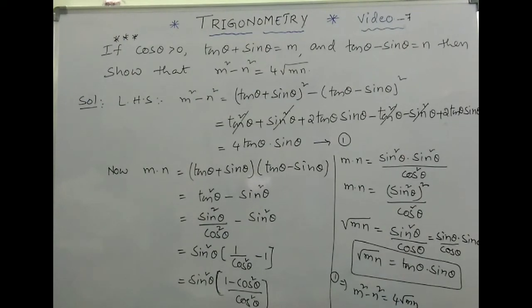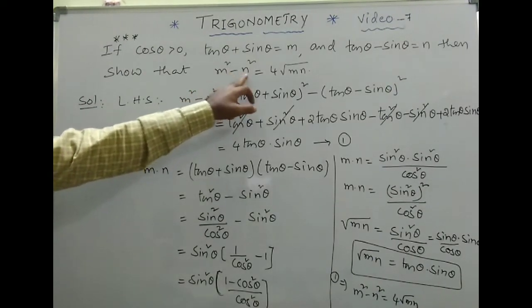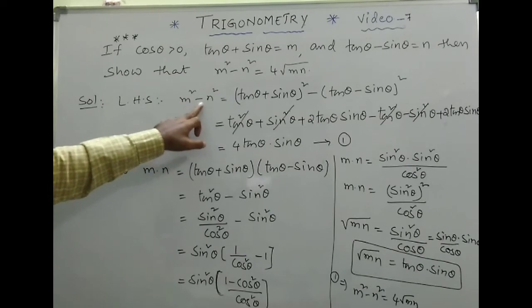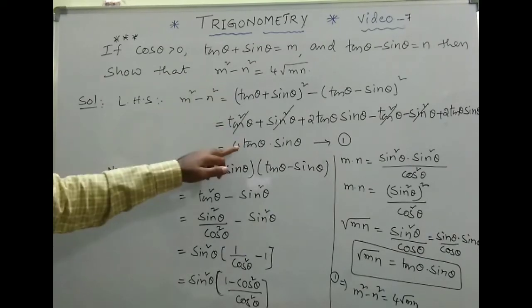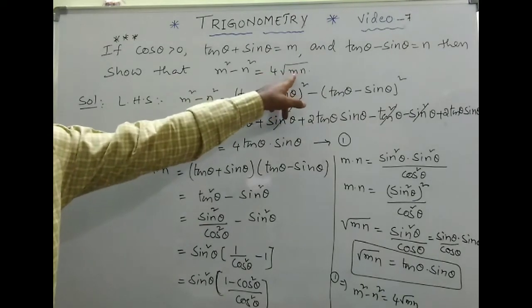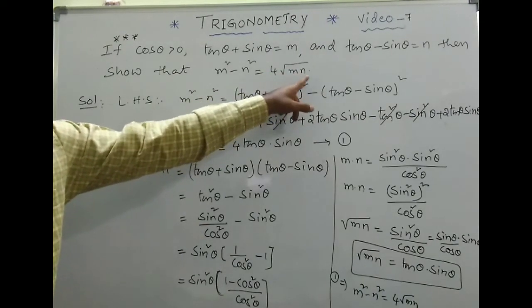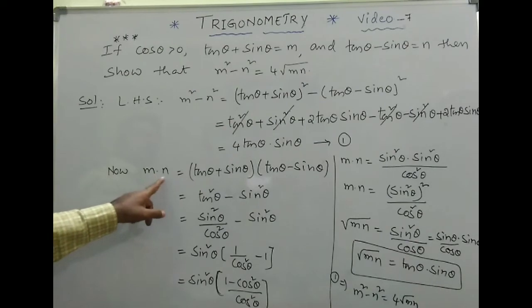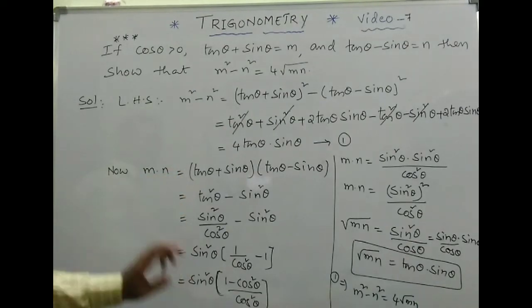See how beautiful this question is. So you must get these ideas. Number 1, because of this LHS, squaring and subtracting, we did not get directly the answer. Then do one thing: on the right side there is the term m into n, so that's why I want to go with m into n simplification.